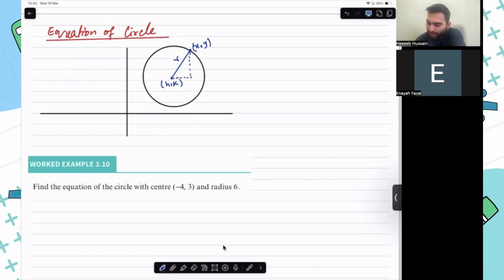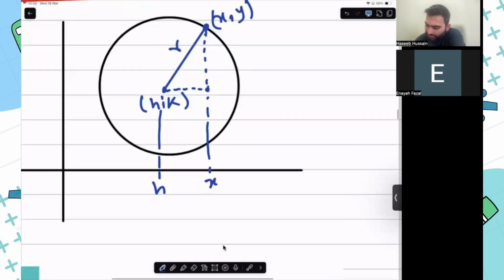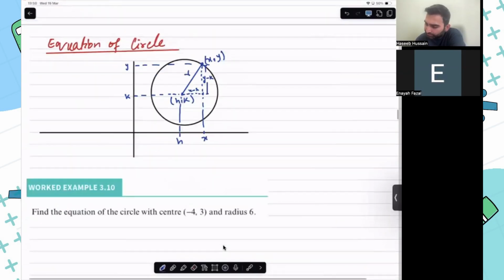Now what we have is this triangle, and this is x, this is h, so this length is x minus h. This is k, this is y, so this length is y minus k. Right?